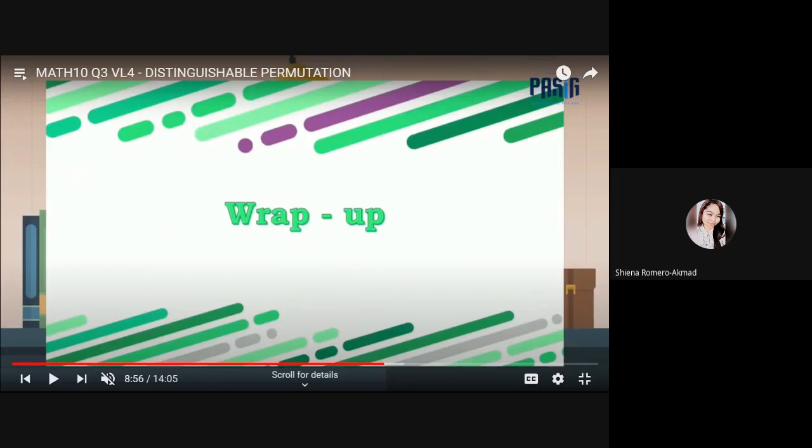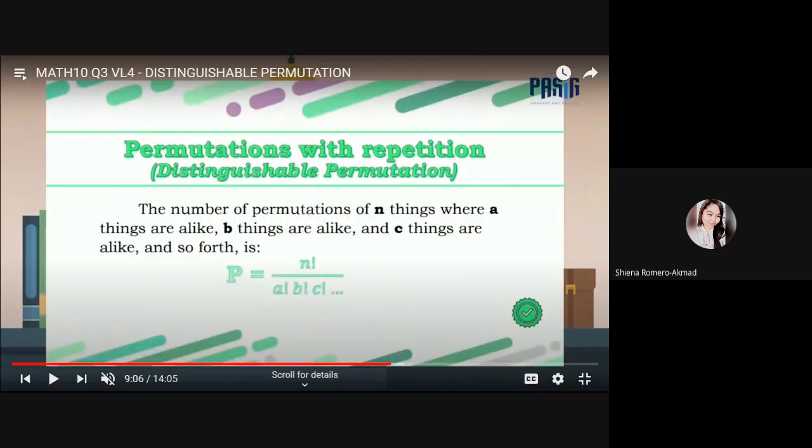So we are done with module number 4. What you need to remember is that whenever you encounter problems that have the same objects, when I say same objects, pare-parehong PPEs, kaya naman parehong face shield or face mask, pare-parehong books, pero magkakaiba lang ng kulay, ng klase, it tends to give you repeated permutations or arrangements.